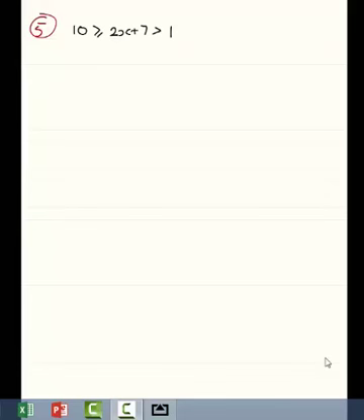Now they can complicate things by putting our equation in between two signs. Okay, you've got two options when you're solving this one. You can continue to work both sides of the equations as if there was two sets of equal signs, or you can split them. So if I split these, then the first thing I need to do is 10 is greater than or equal to 2x plus 7.